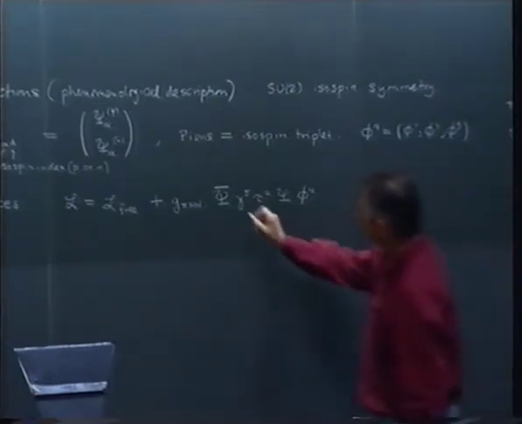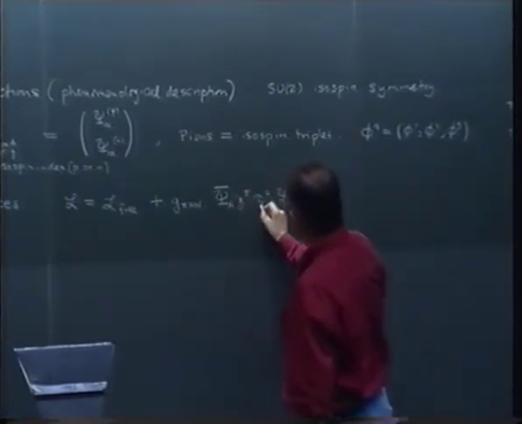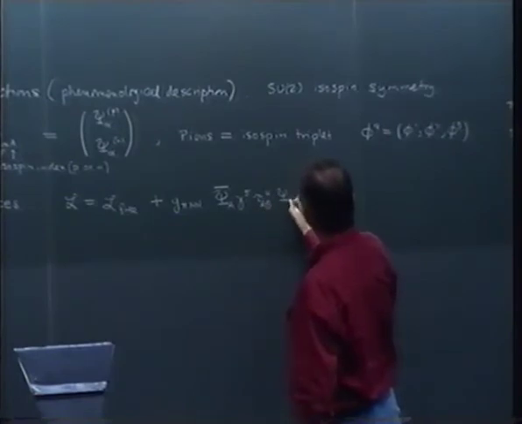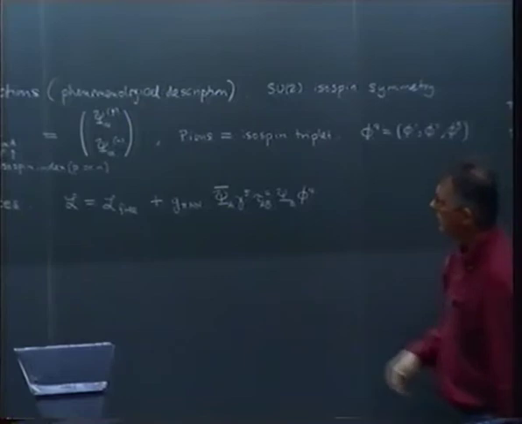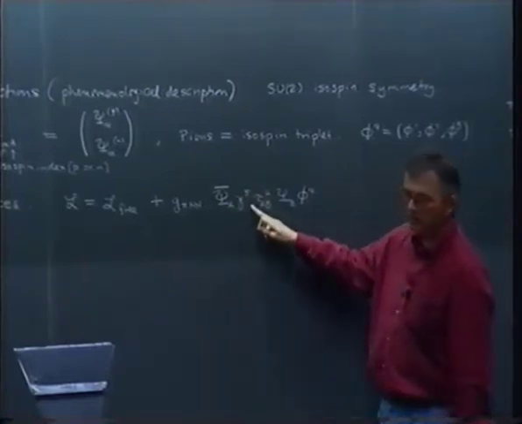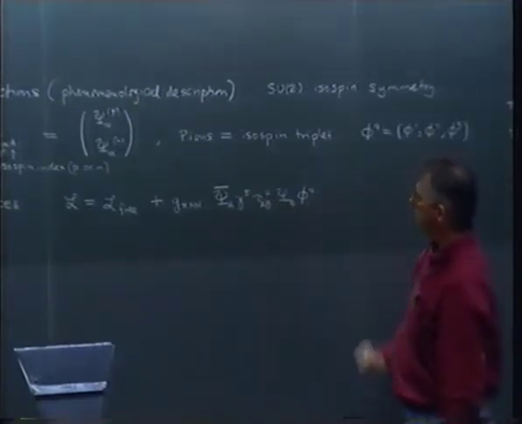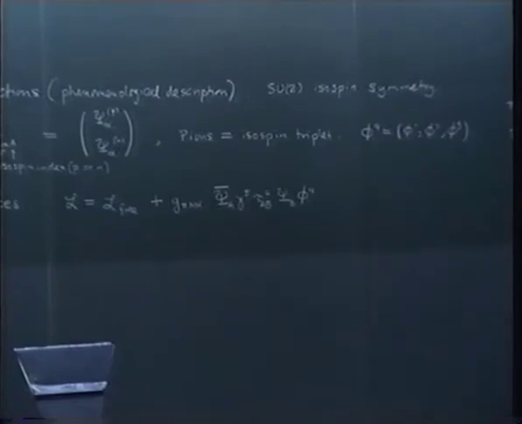Well, here I've written out the isospin indices, and then there are also Dirac indices. And here I've inserted a gamma 5 matrix because the pions are pseudo-scalars. So this is again scalar.